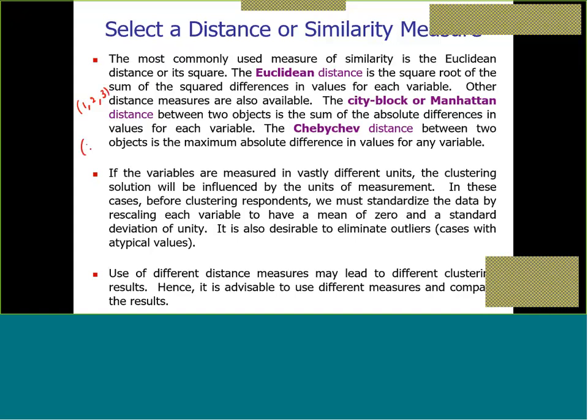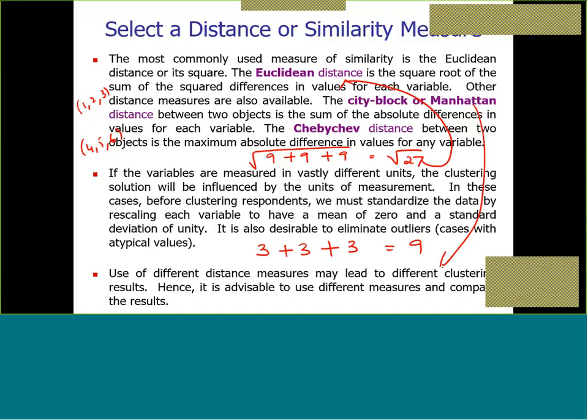Then Euclidean distance is (1 minus 4) whole square, which is 9, plus (2 minus 5) whole square, 9, plus (3 minus 6) whole square, 9, under the square root, that is the square root of 27, which is the Euclidean distance. Manhattan: 1 minus 4 is minus 3, mod, so it's 3, plus again mod 2 minus 5, 3, plus again mod 3 minus 6, 3. So 9 is the Manhattan measure.